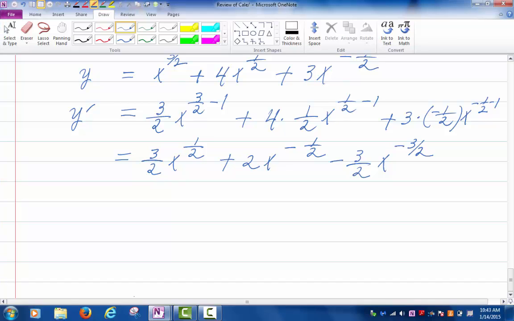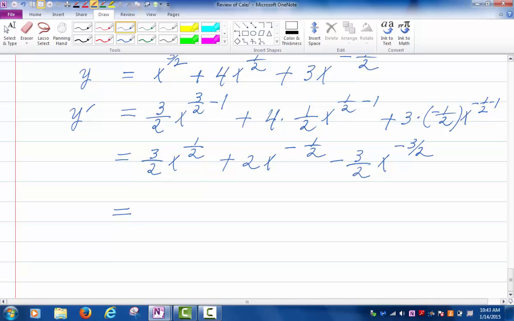Okay, this is a good enough answer, but in some cases you don't want to have those negative exponents. So what you could do is factor out the largest negative exponent of x.